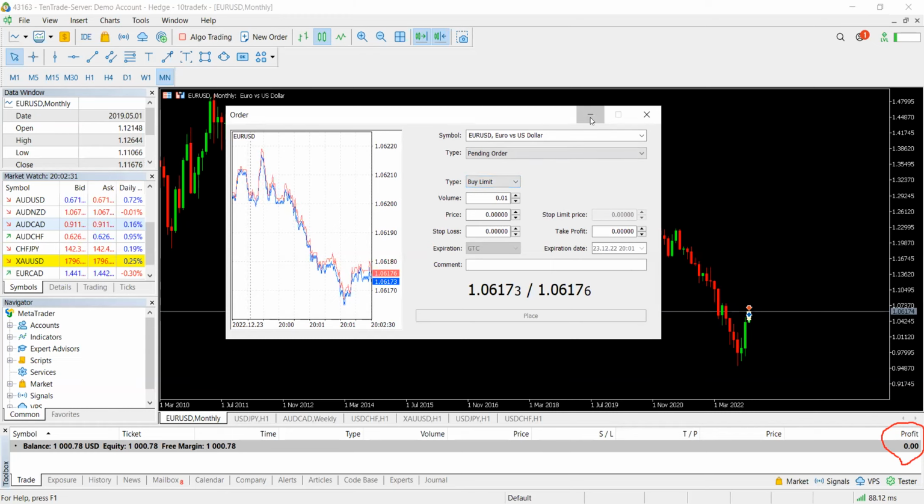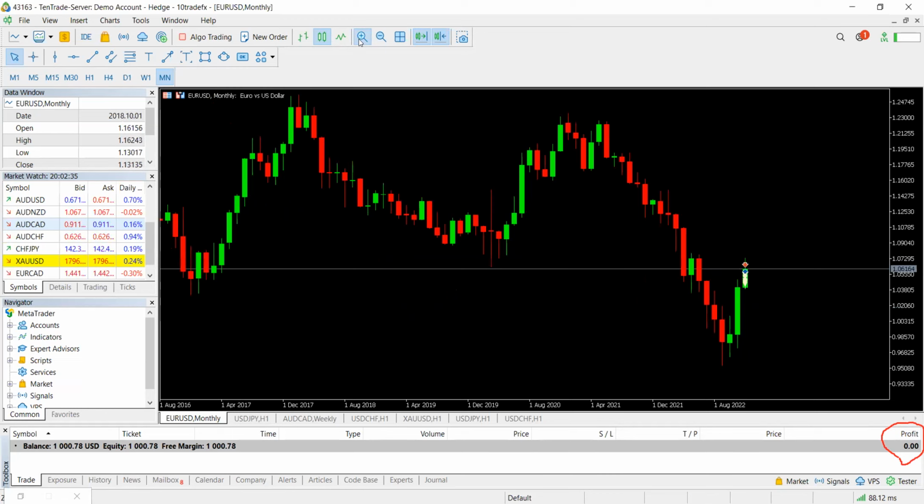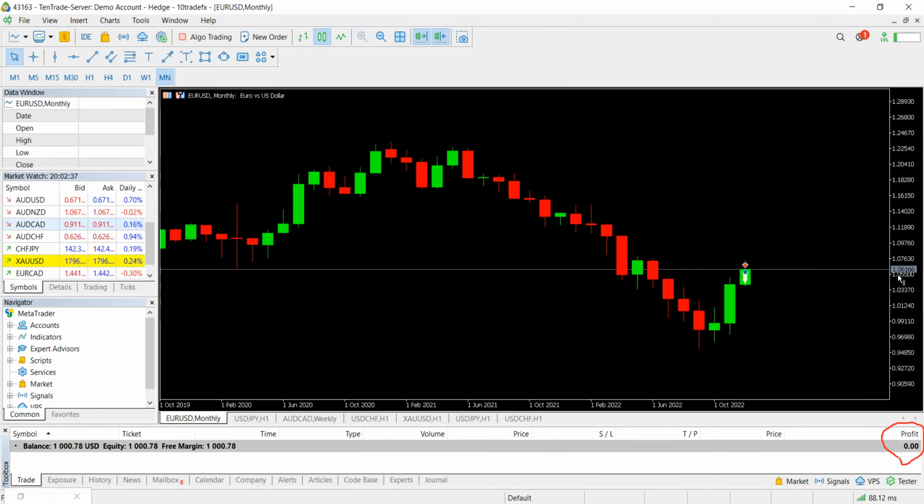So let's go back to the chart and check out what's going on. You can see price is currently going up right now. All right. So a buy limit order is for when price might reverse and start coming down into the zone, and you probably want to enter a reversal trade.